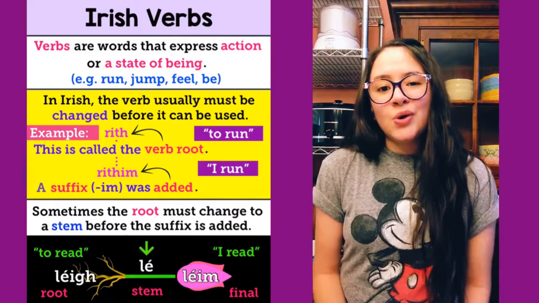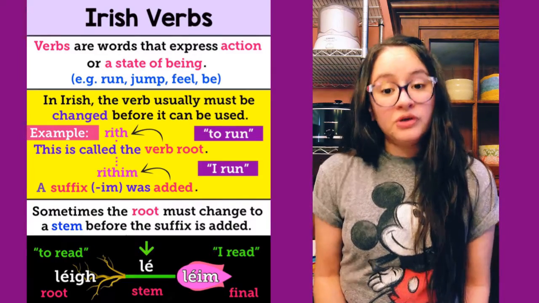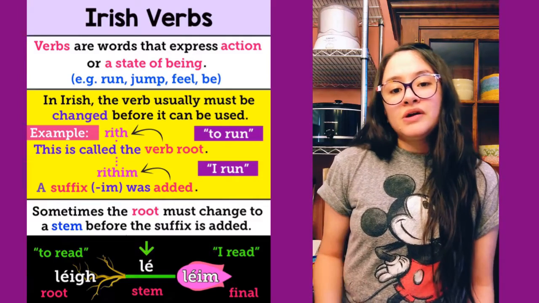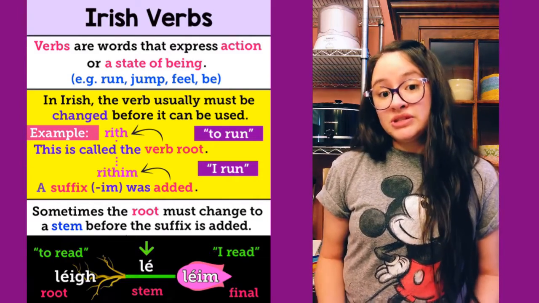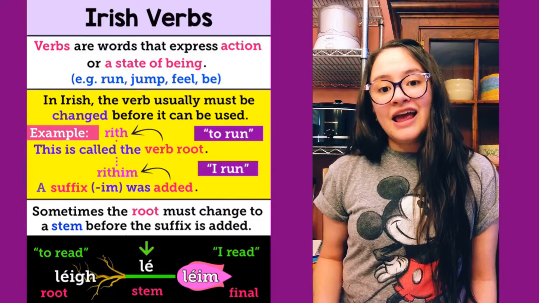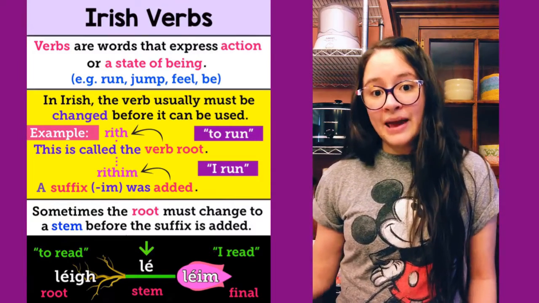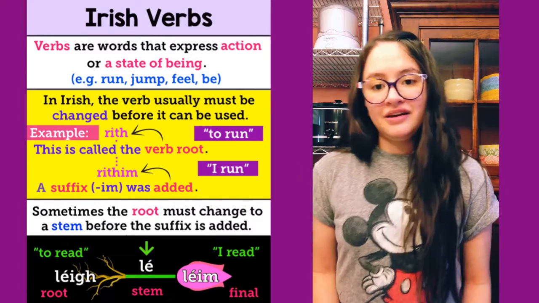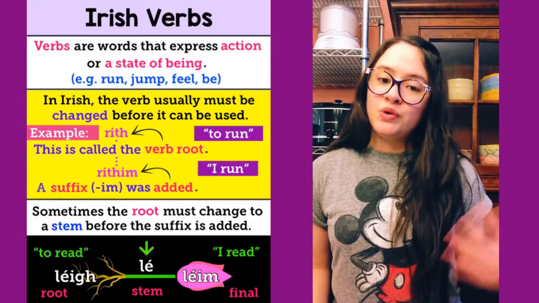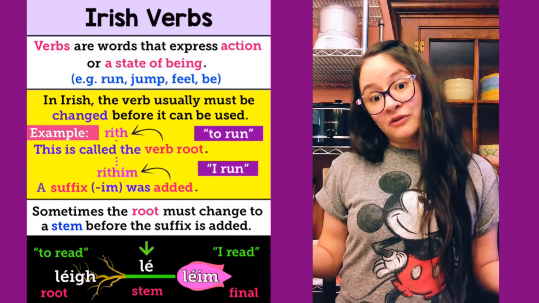We've got the verb lay, to read. That's the verb root. In this particular case, the verb stem would be lay, just L-E fada, and then the final form is lame, which means I read. So the verb stem is basically a transition phase between the verb root and the final form.